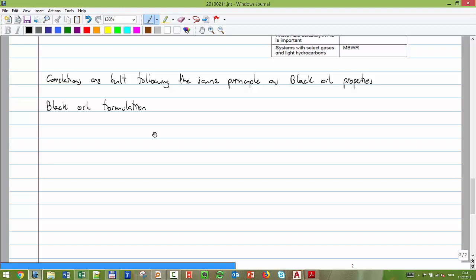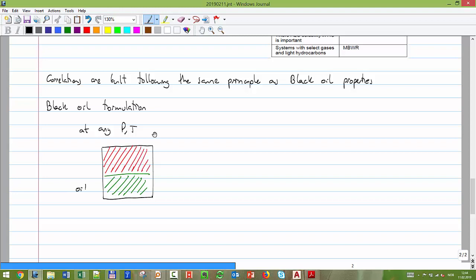So in the most general sense, if you have a fluid at any pressure and temperature, let's say we're going to talk first about oil and gas. What we do is take that fluid, at that particular pressure and temperature, and separate. I'm going to talk about the most general, the modified.